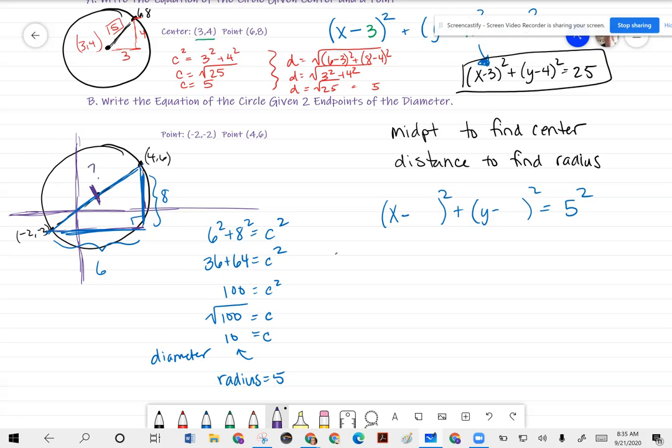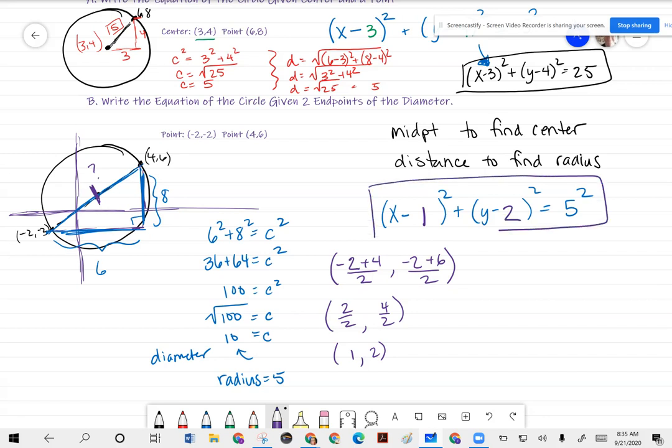We add up the x's and divide by 2, and then add up the y's and divide by 2. Over here, we get 2 over 2, and then 4 over 2. So our center is at (1, 2). Now I can just plug in 1 and 2, and then box my answer.